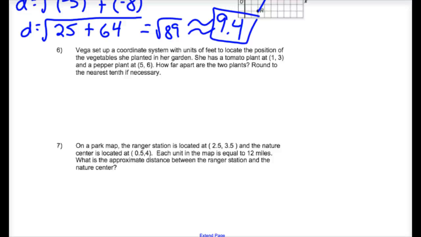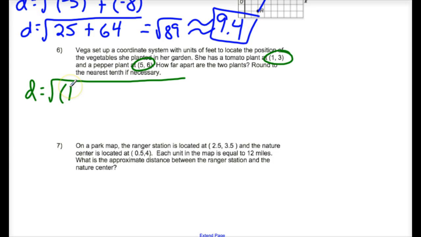She has a tomato plant at the coordinates of 1, 3 and a pepper plant at the coordinates of 5, 6. How far apart are the two plants? Round to the nearest tenth if necessary. Here's all we're doing. Find the distance between the 2 points. Okay? Use the distance formula, plug in your values, and chug out an answer. Plug and chug. Okay? Phoebe, what would you write?